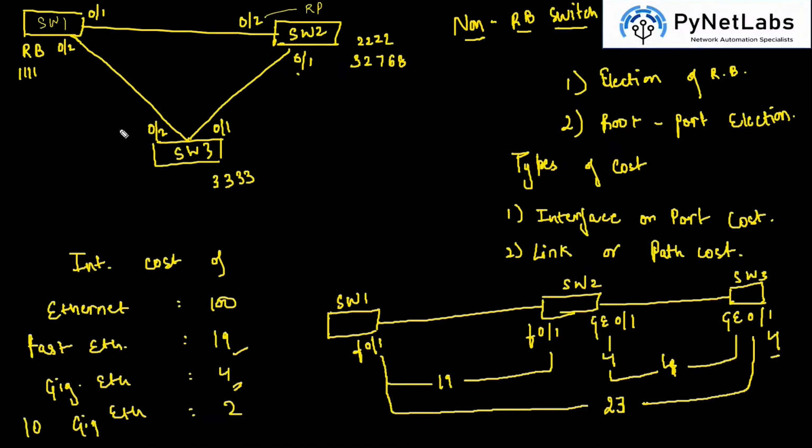If I say that FA0/2 on switch number 3 can be elected as root port, can I say that? Or shall we elect FA0/1 as the root port? Tell me. Which port should be the root port on switch number 3? FA0/2 or FA0/1?